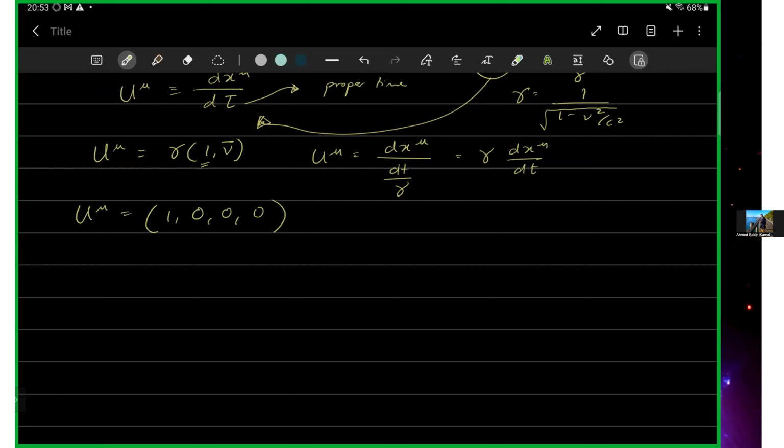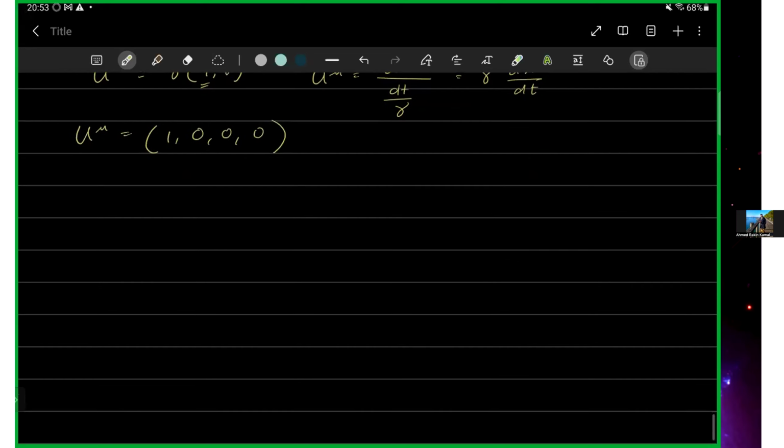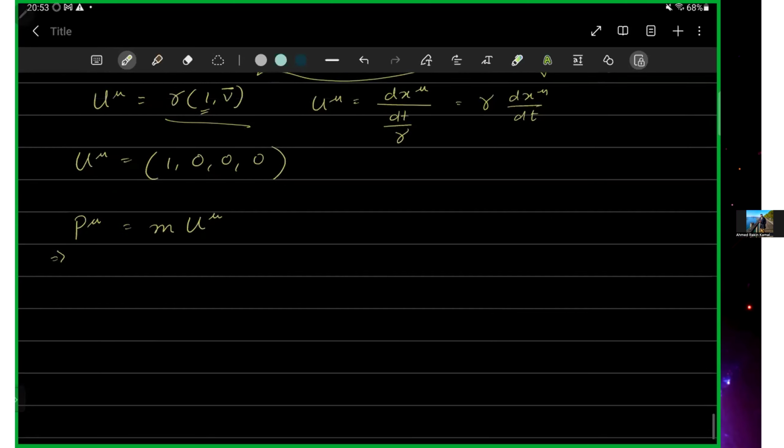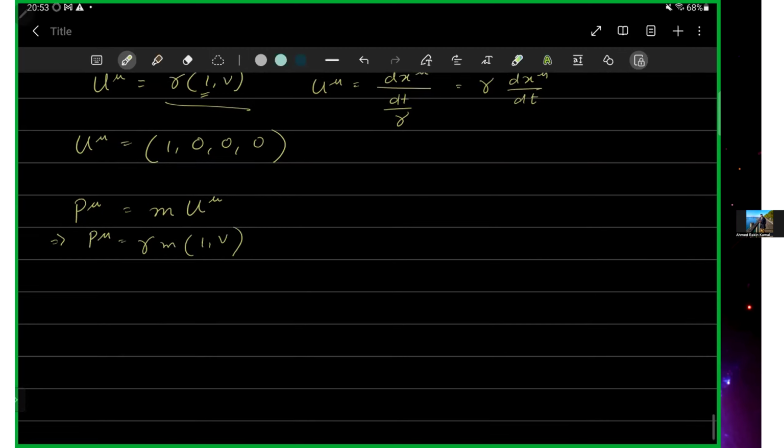Now, another important thing that I can, of course, define is the 4 momentum, which is given as p mu, which is defined as m times the 4 velocity, u mu, where m is obviously the mass. And you can also use the definition of u mu from here and write p mu as gamma m (1, v). Okay.